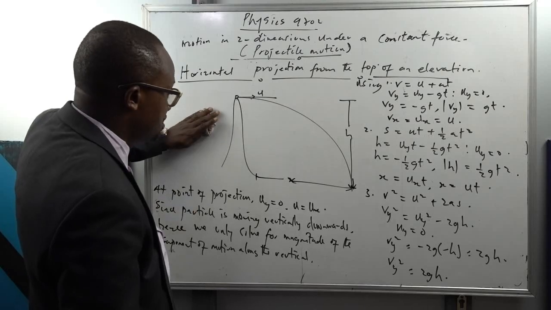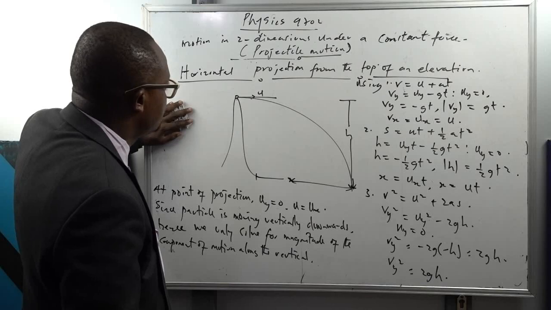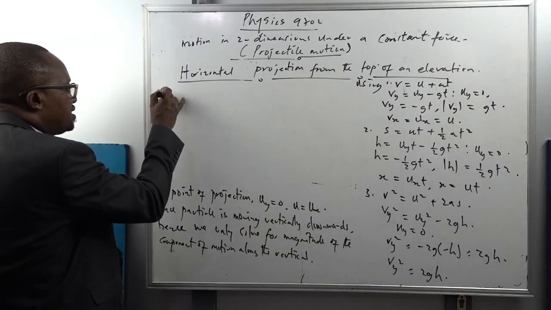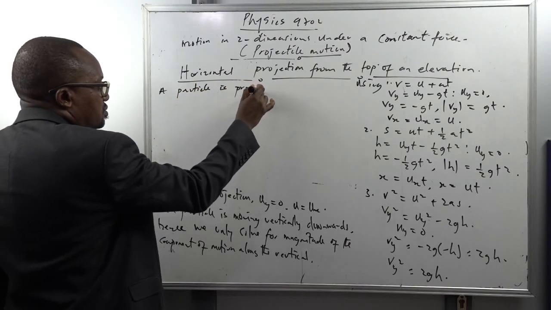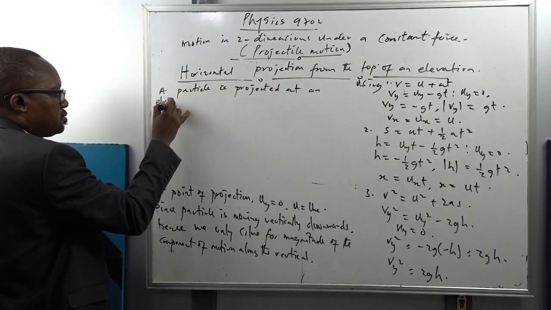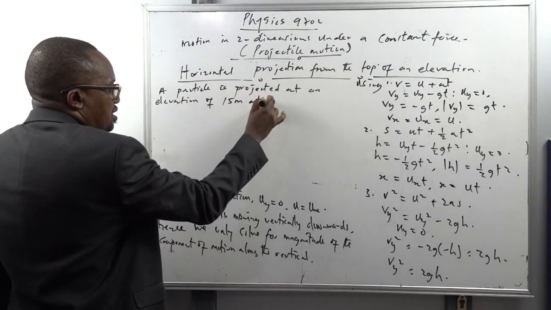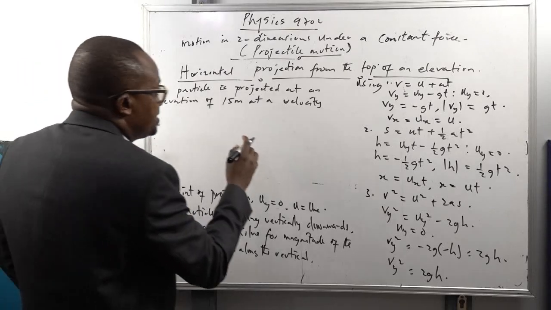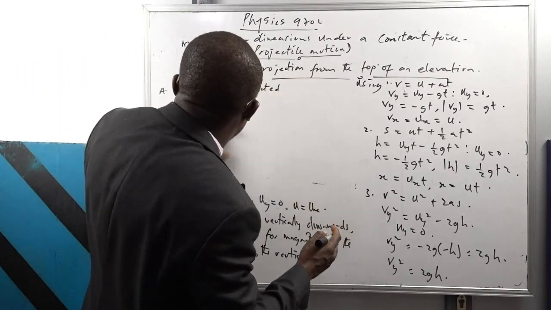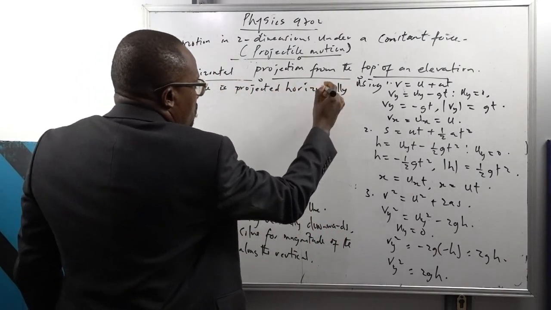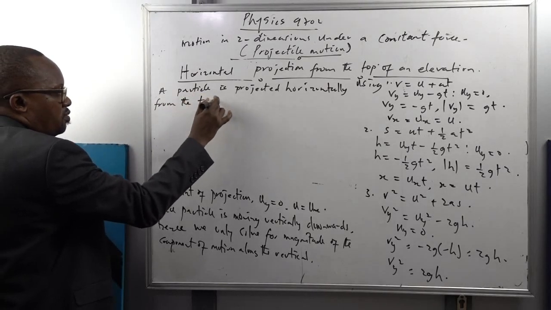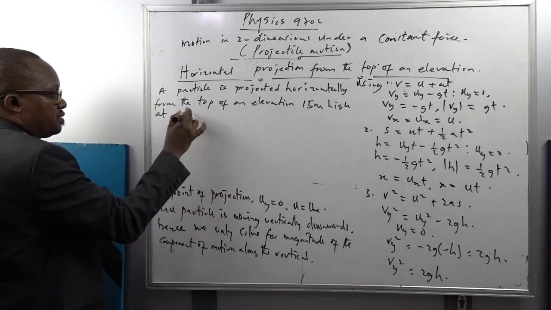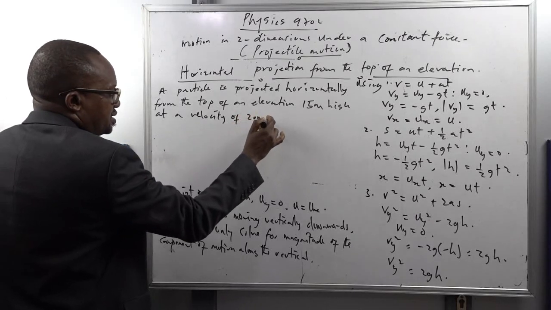Let's take a question now. A particle is projected horizontally from the top of an elevation, 50 meters high, at a velocity of 20 meters per second.